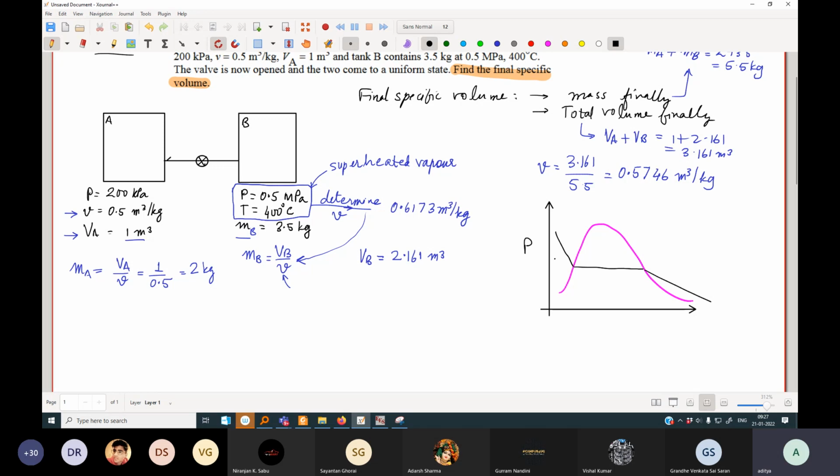So this is P, this is V, and this entire line is going to be 0.5 megapascal. First, my task is to find out what this temperature is. So Tsat at 0.5 megapascal. Okay, so let's see what Tsat at 0.5 megapascal is.